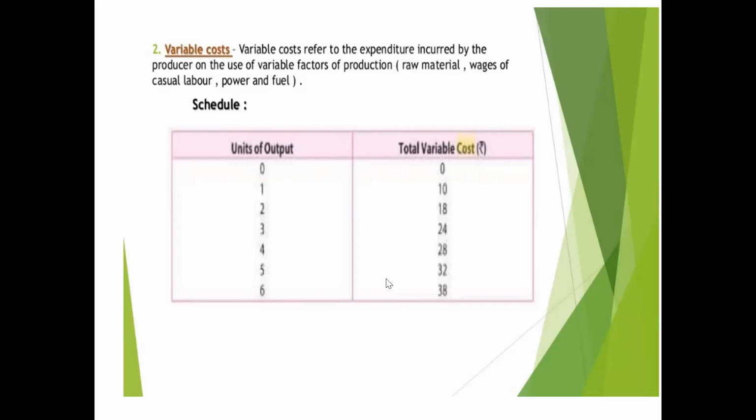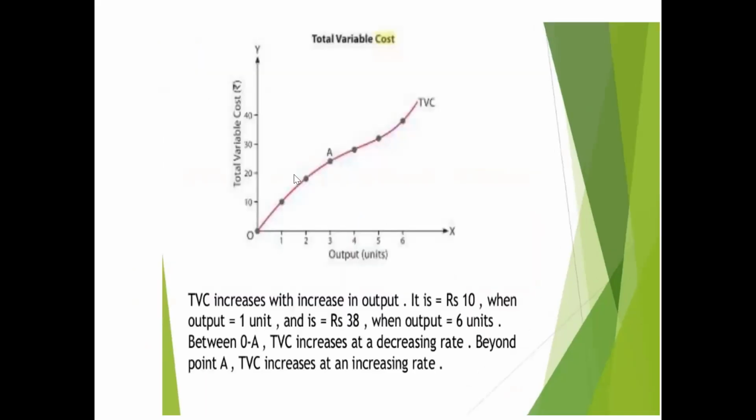All these things we consider as variable costs, which change directly with production. If you do not produce, we do not incur variable cost, so there is no need to spend to purchase variable inputs.